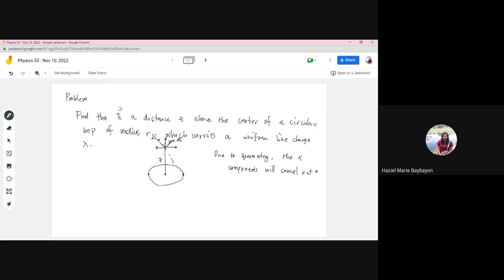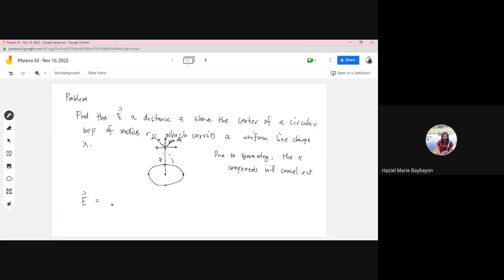Okay. So, bisag asa ka nga point diri sa circular loop magkuha, naa siya'y symmetric nga counterpart such that mag-cancel out ang mga x components. Ang mahabilin na lang dayon kay mga z components. Okay?